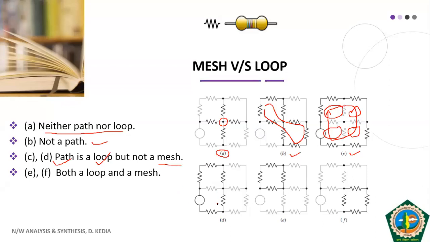Similarly here, this is a loop, but we have sub loops also, so it cannot be a mesh. Whereas this is a mesh. You can see that this is a loop and there is no sub loop in between, so it can be called a mesh. Similarly, this is also a mesh, and this is a loop with no sub loop in it.